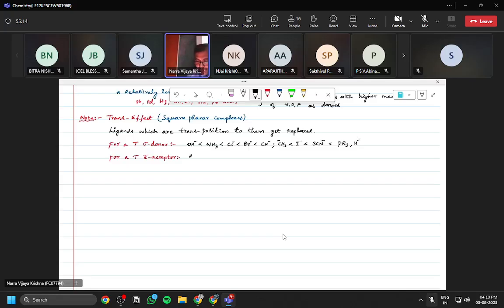In case of pi acceptor ligands: Br minus, I minus, NCS minus, NO2 minus, CN minus, CO, C2H4.